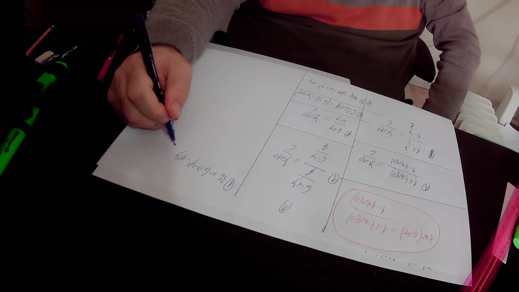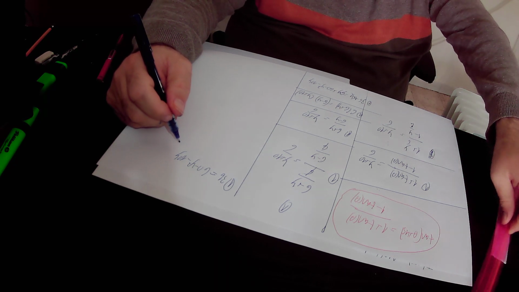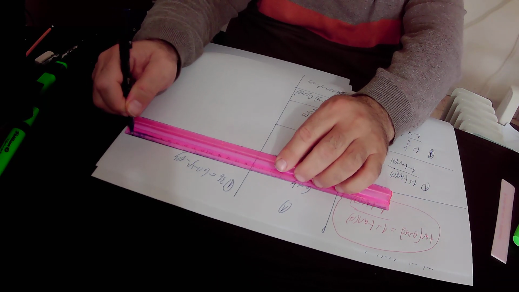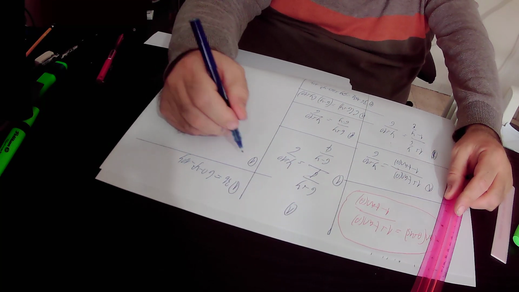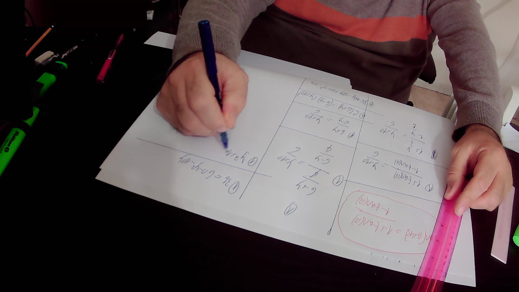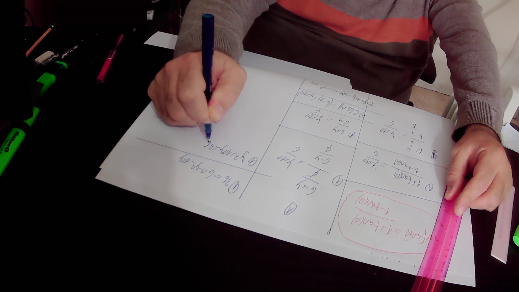Here we will add y squared and 10y to equation number 1, and we will get y squared plus 10y plus 36 equals 60.